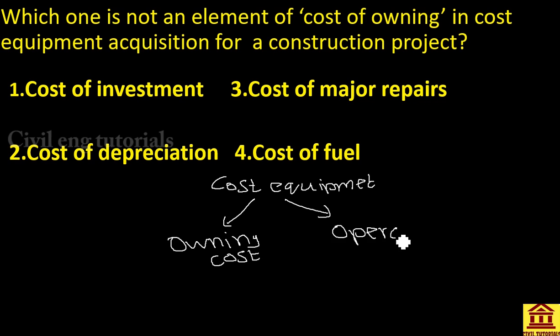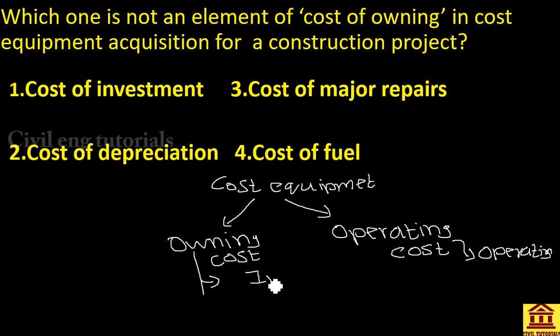operating cost. Operating cost is the cost that mainly occurs while operating or working at the site. The owning cost means the basic cost of owning the equipment. In the owning cost composition, we can add the cost of investment, the investment cost, and the depreciation cost for the equipment.